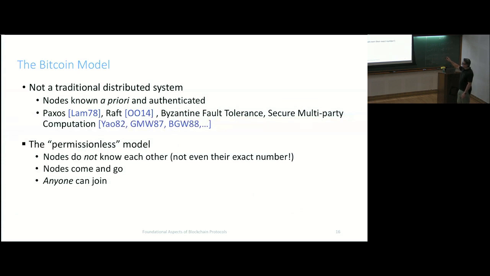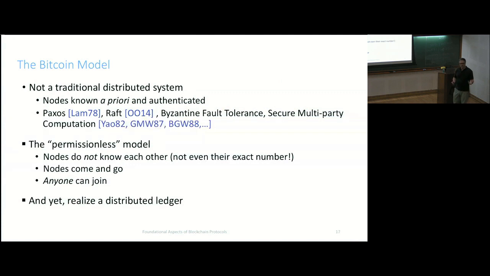Okay, that's the traditional setting, which is permissioned, but in the permissionless model, we don't know the participants. We don't know who's participating exactly, not even their exact number. How many people are participating? It's dynamic, nodes come and go, and it's open. Anyone can join.